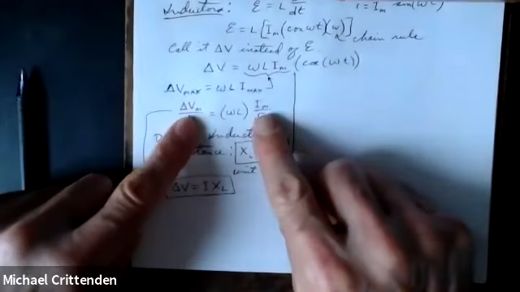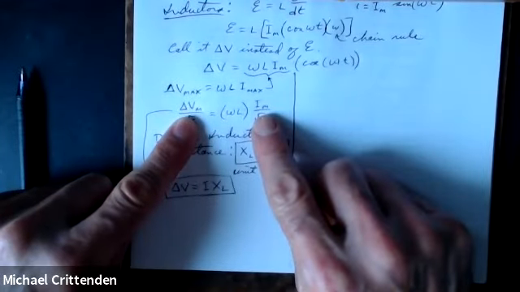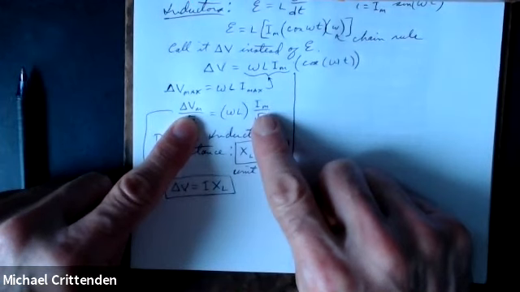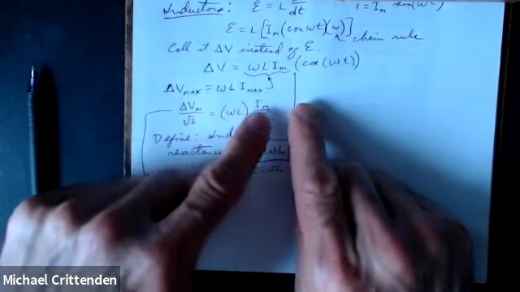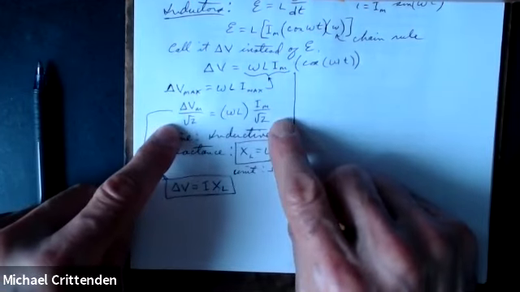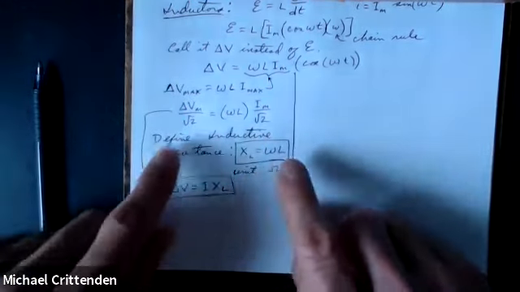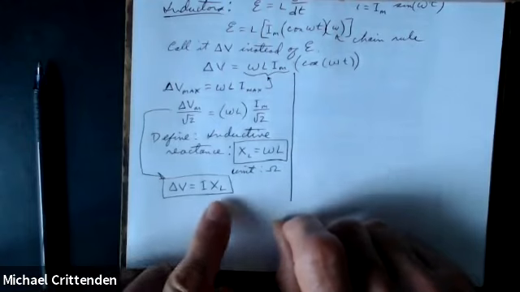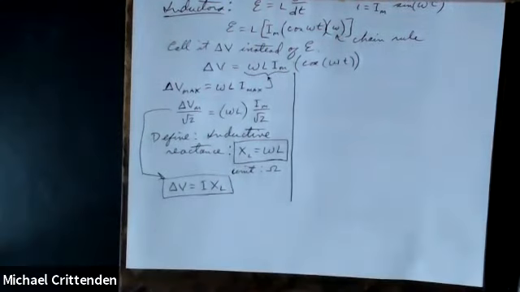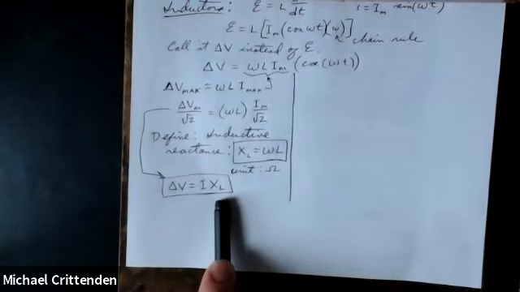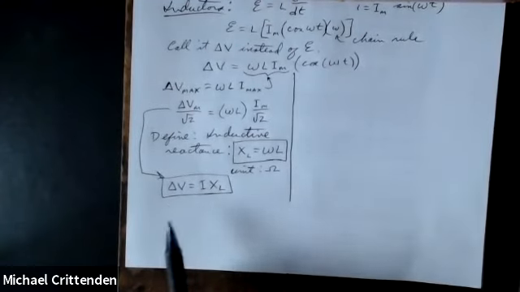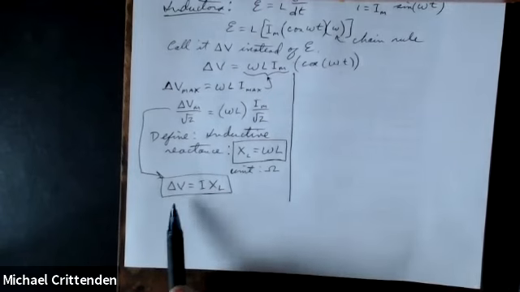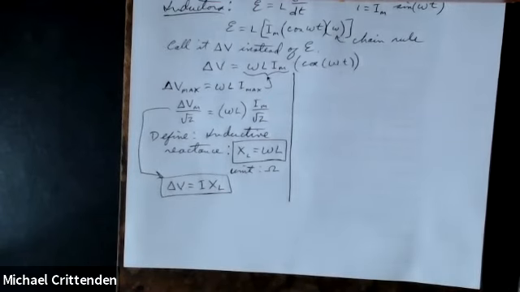But if you don't divide by the square root of 2, notice the maximum voltage and current obey the same relationship. It's delta V max equals XL times I max. You stick the square root of 2 under it, and it's delta V RMS equals XL times I RMS. So this works either way, effective or peak. It's just like goes with like. If this is RMS, that one's RMS. If this is maximum, that's maximum.